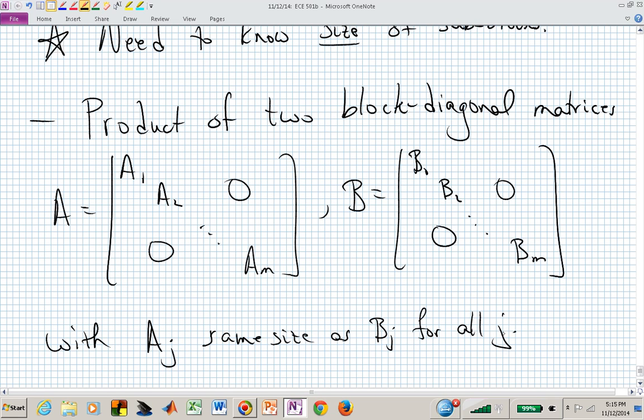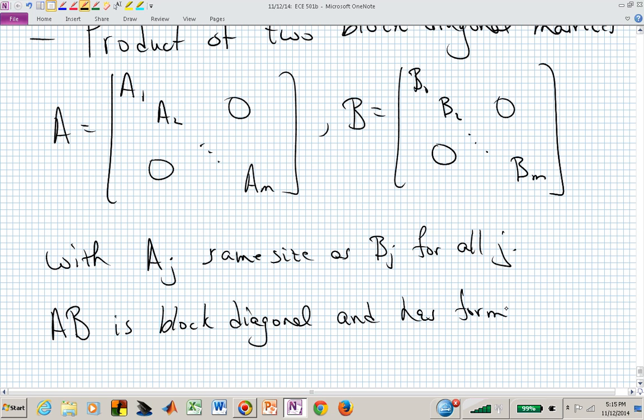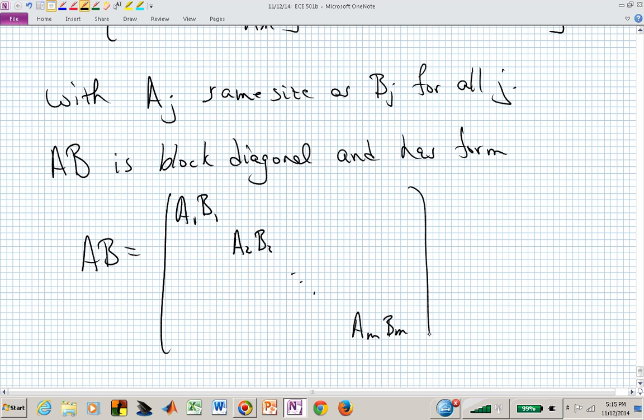That's the only time that it really makes sense. If that's the case, then AB, this matrix product, remains block diagonal. And it has the form of AB is now A1 B1, A2 B2, through A sub M B sub M, with everything else being 0.